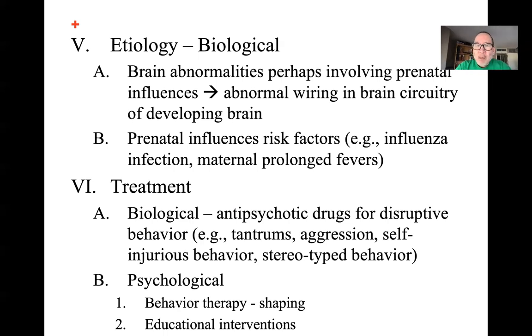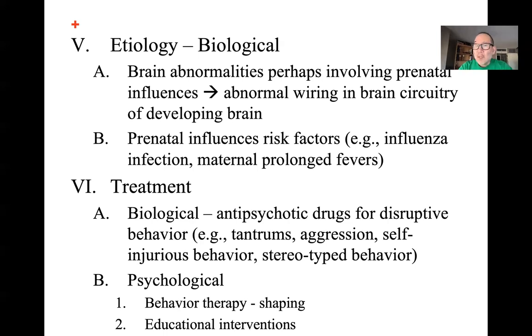But again, a lot of it is behavior modification, in terms of also increasing the child's ability to use words, to communicate by way of language, keeping eye contact, developing the social skills for relating with peers, family members and teachers.